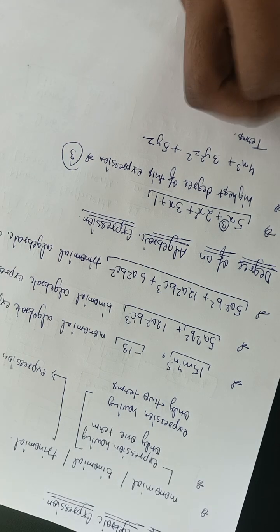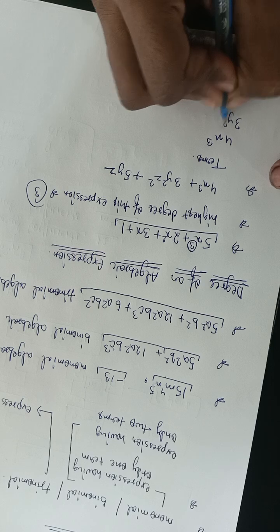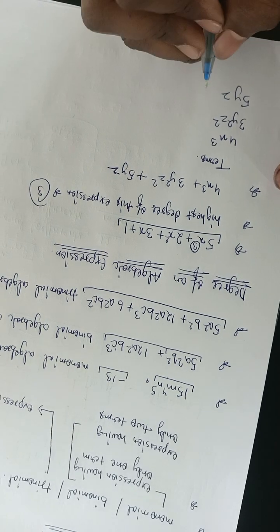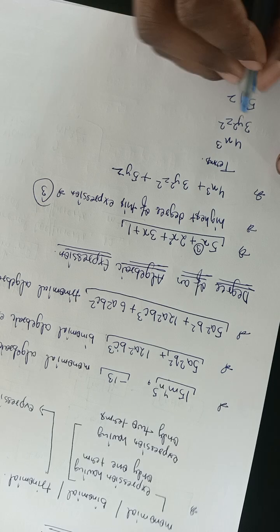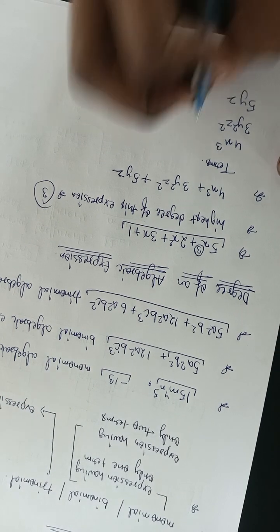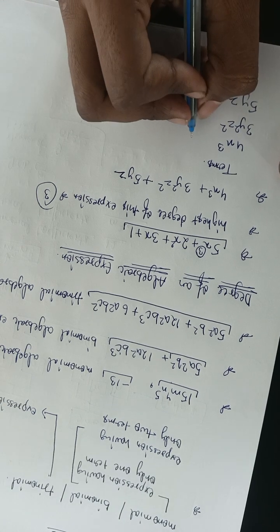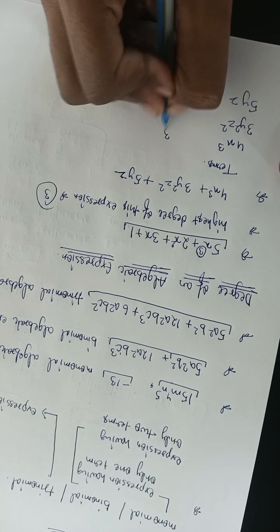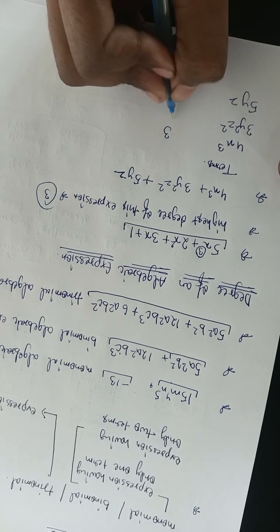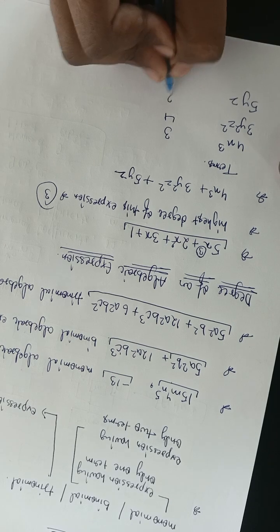There are 3 terms: the first term is 4x cube, another is 3y square z square, and the next is 5yz. The sum of exponents: for x to the power 3, it is 3. For the second, y square z square, 2 plus 2 is 4. And for yz, 1 plus 1 is 2.